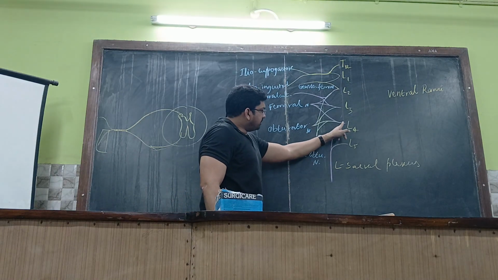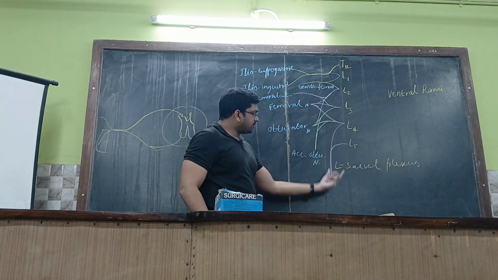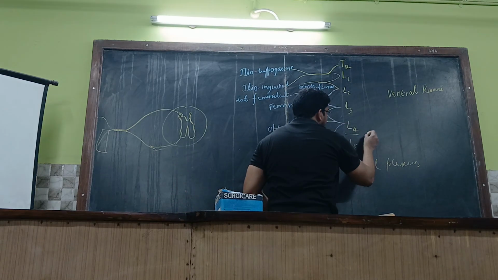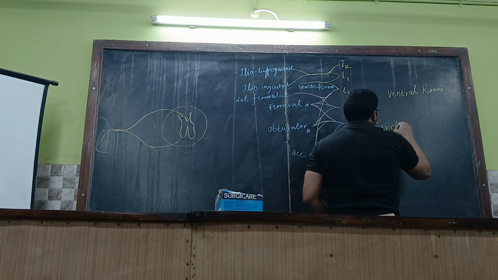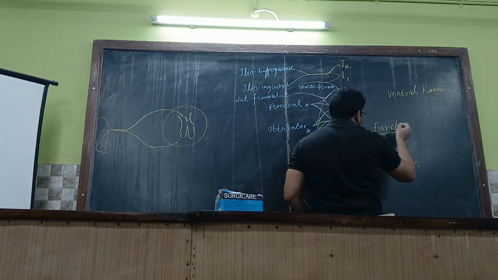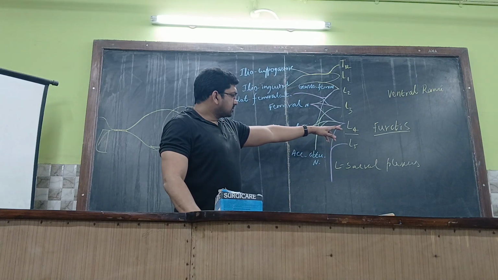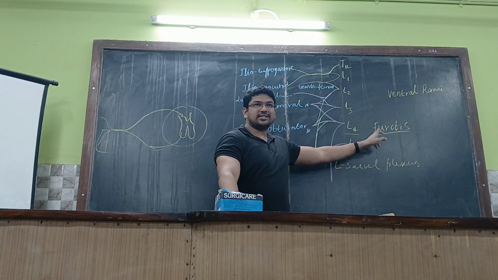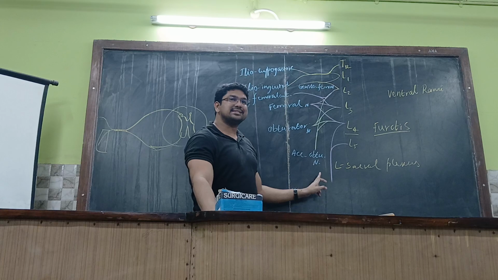Because of this, the L4 nerve is acting as a connecting link between the sacral plexus and lumbar plexus over here. That's why the L4 nerve is called the furcal nerve, the nerve of Furcal, because it is acting as a connecting link between the lumbar plexus and sacral plexus.